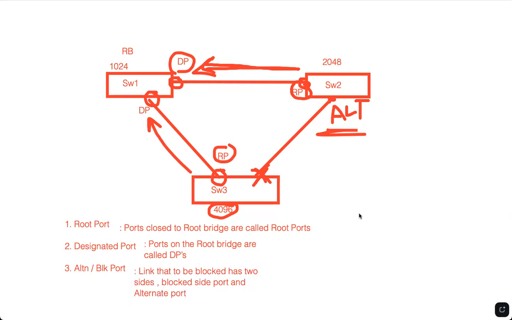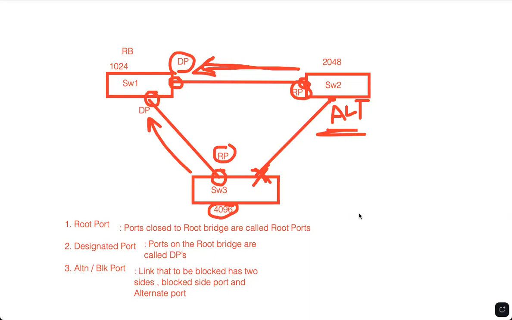So these are the port types that we define to understand what is a root bridge port and what is a non-root bridge port. The ports that are on the root bridge are called designated ports. The ports which are close to the root bridge are called root ports. The link on which the port will be blocked is called the blocked port.